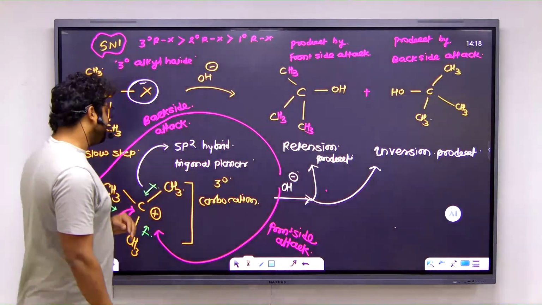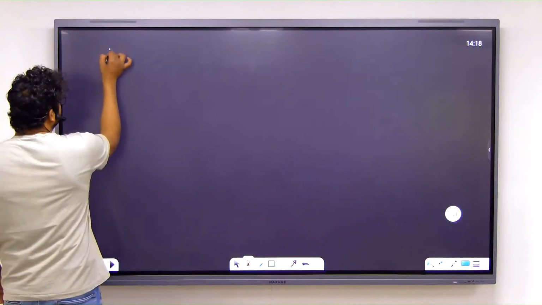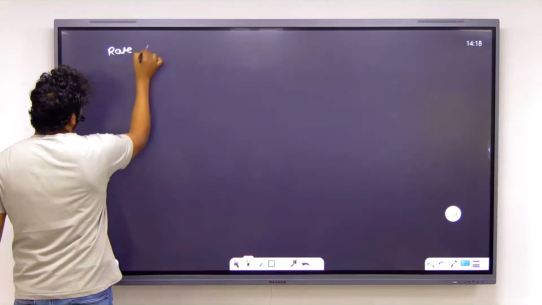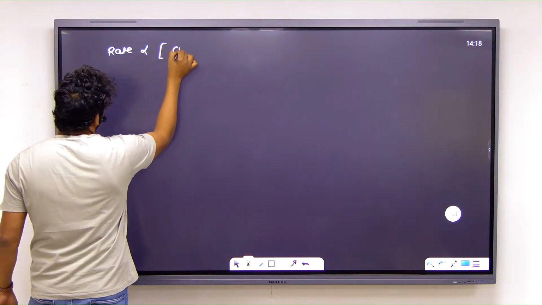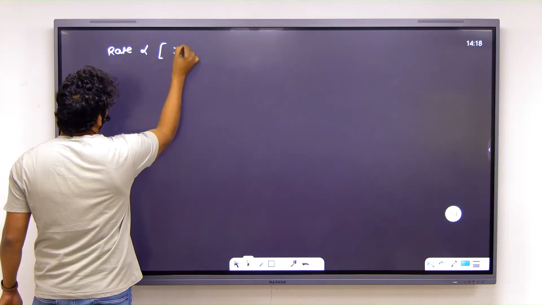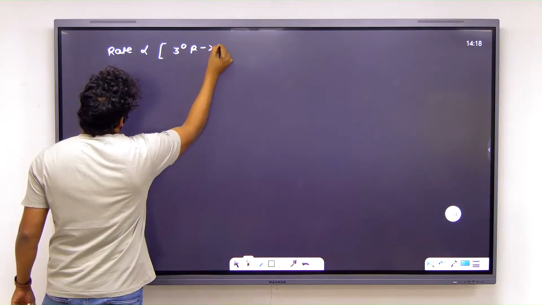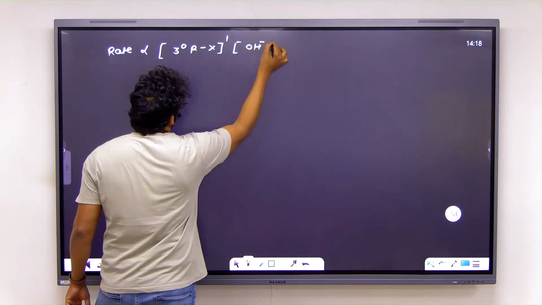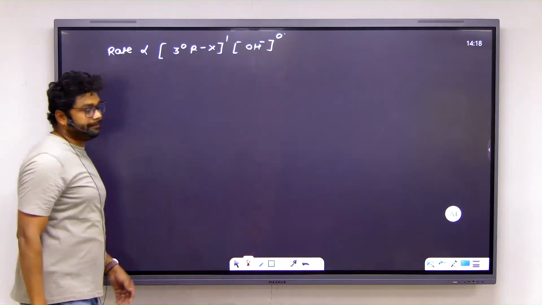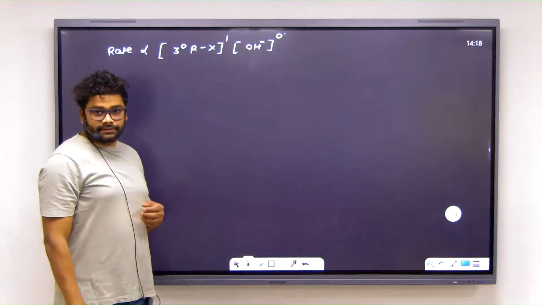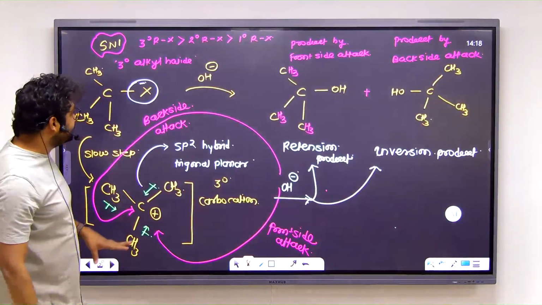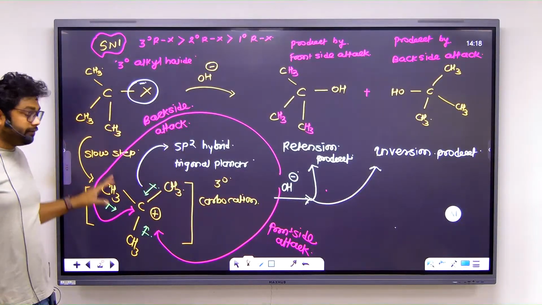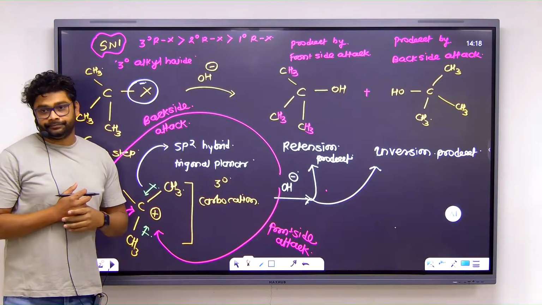आता या रिॲक्शन मध्ये तुम्हाला समजलं की रिॲक्शनचा जो रेट आहे, राईट, हा डायरेक्टली प्रोपोर्शनल आहे कोणाशी? टर्शरी आर एक्सशी, बरोबर. आणि हा कॉन्सन्ट्रेशन ऑफ ओ एच मायनसशी प्रोपोर्शनल नाही, because the OH minus has no role here until there is a formation of carbocation.